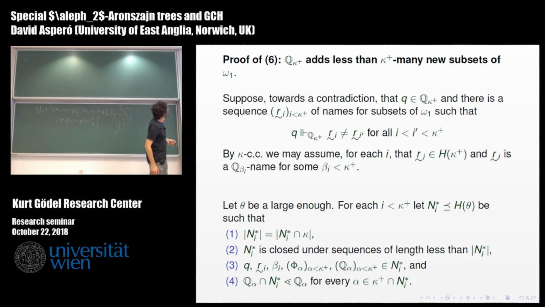Okay. Suppose towards a contradiction, and this is essentially the same mantra that we had before, that Q is a condition, and there's a kappa plus sequence of names for subsets of omega 1, and Q forces that they're all different.